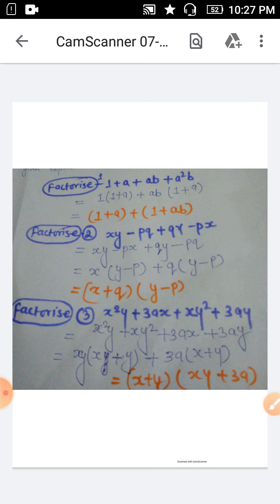So I'm taking the common factor q and we will be left with y minus p, so that we will be left with x plus q in one bracket and y minus p in the other bracket. So this one is our final answer, so that we can find the answer of such kind of questions.